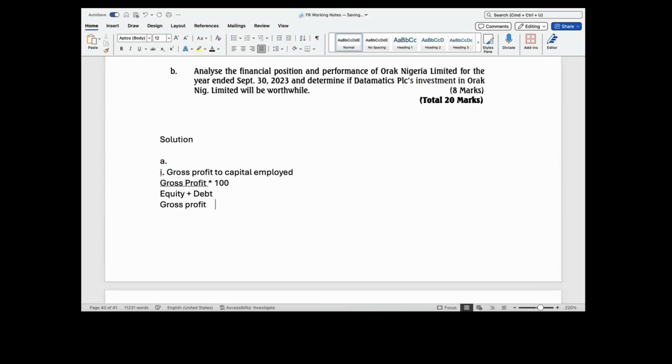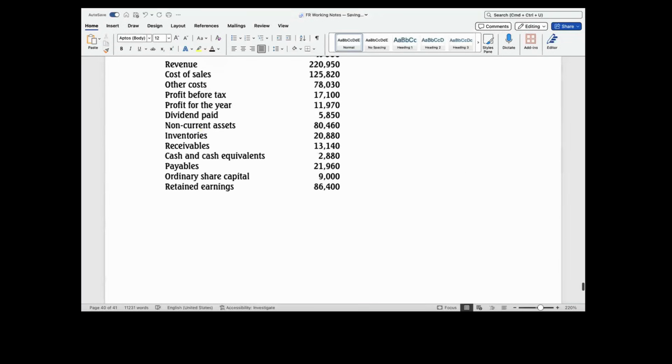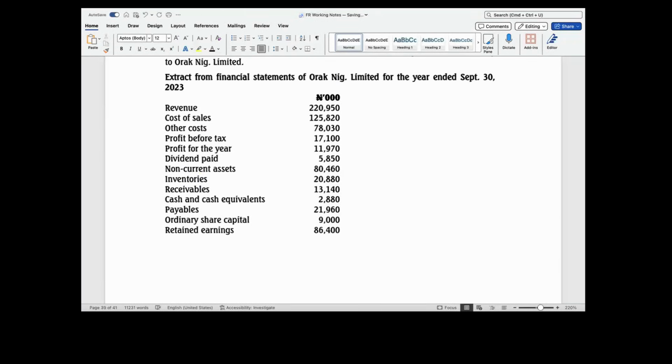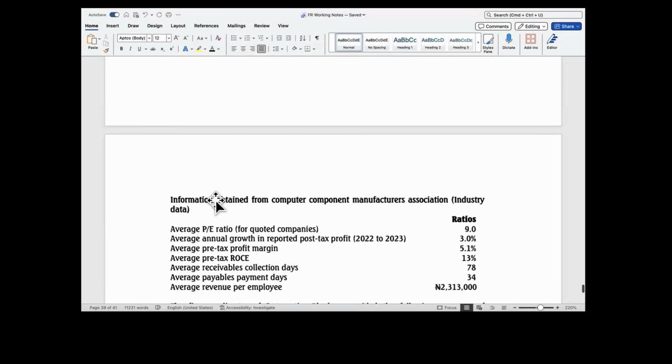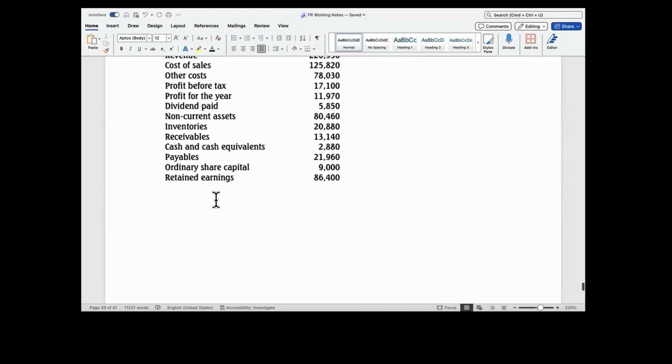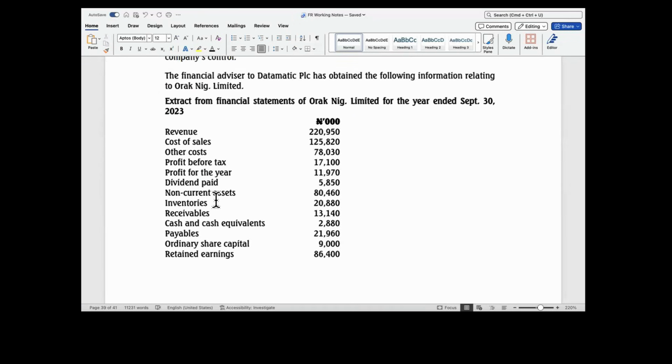So what's my gross profit from the question? What's our gross profit? They didn't give us, so let's calculate it. That will be revenue minus cost of sales.